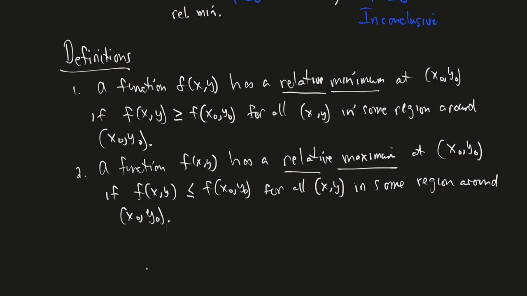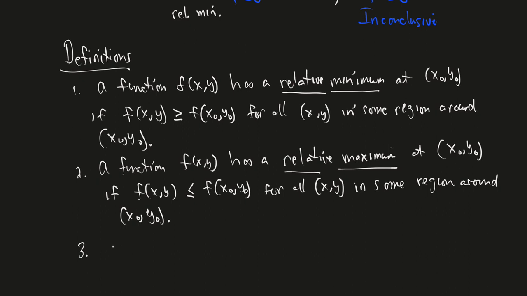Well, as we saw, we have another type of phenomenon, and that's those pesky saddle points. So let's define what a saddle point is. Again, not super formal, but just to get an idea of what it is.